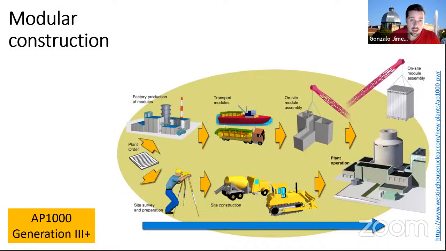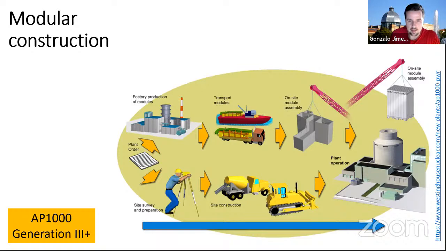Okay, some more approaches that have been done for generation 3 and are undergoing are, for example, modular construction. In the modular construction approach, which is different from what was done for generation 2 reactors, we build the modules of the reactor in one place and start the construction in another place independently.